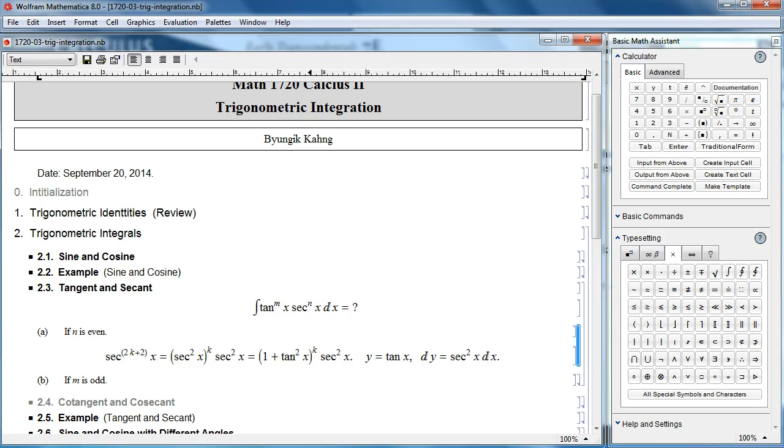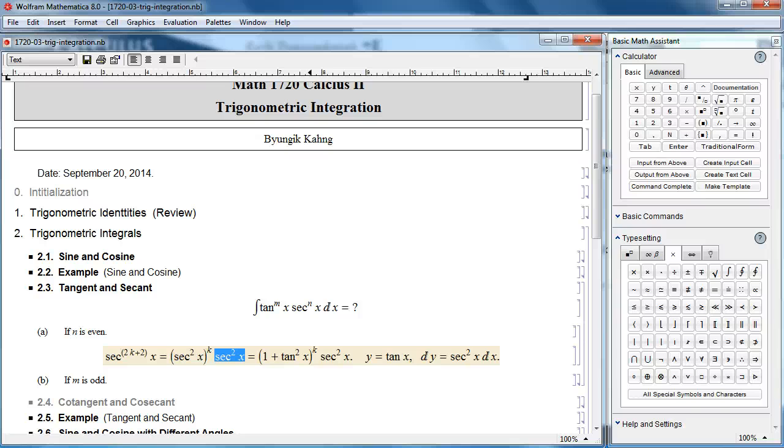Decompose secant to the even power into secant squared to a certain kth power, with k even, times an extra secant squared. Now, secant squared is the derivative of tangent, so if you take the substitution y equals tangent of x, then dy will be secant squared dx, so that the extra secant squared will be absorbed by the dy computation.